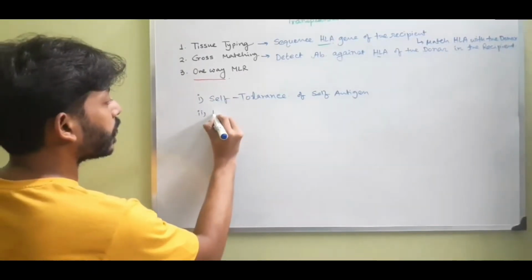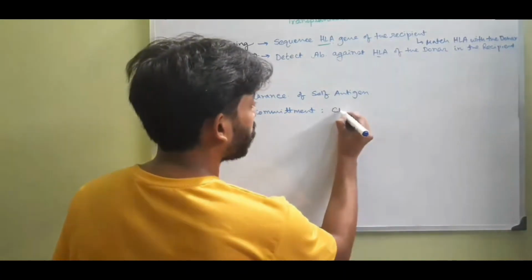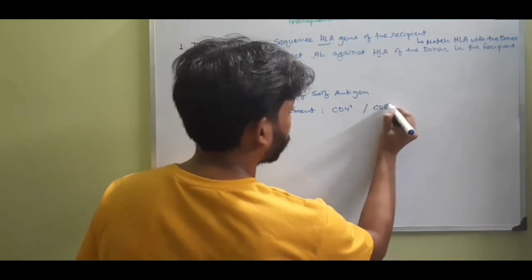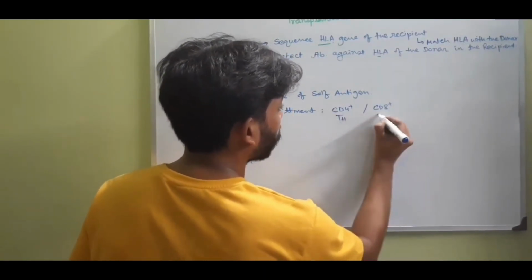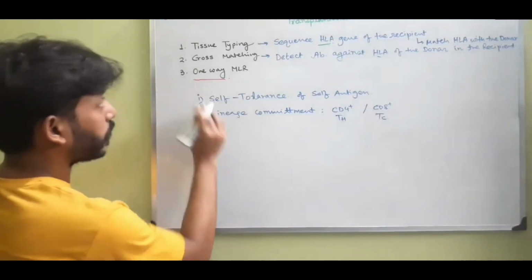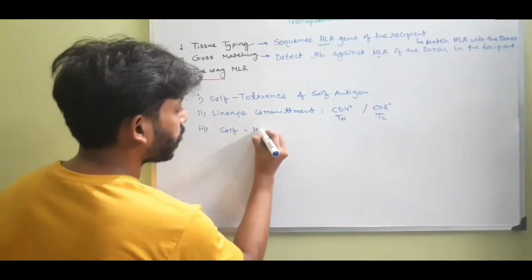Second term is lineage commitment. Each and every T cell must be either CD4 or CD8 positive, that means a T helper cell or a cytotoxic T cell. And the third, very important for this context of transplantation, is self-MHC restriction.